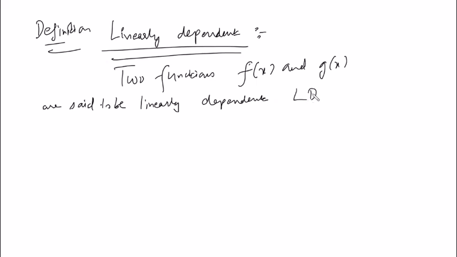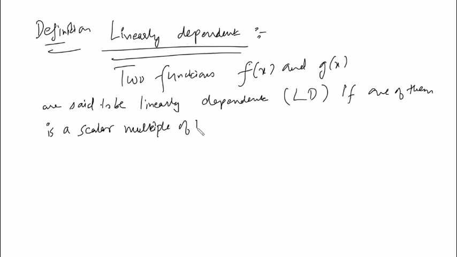We will be using the word LD; whenever I say LD, it means linearly dependent. They are said to be linearly dependent if one of them is a scalar multiple of the other.